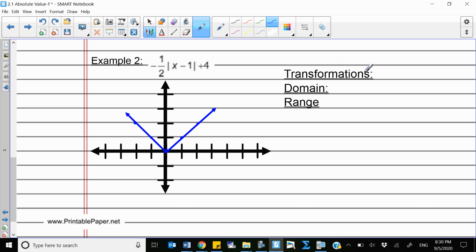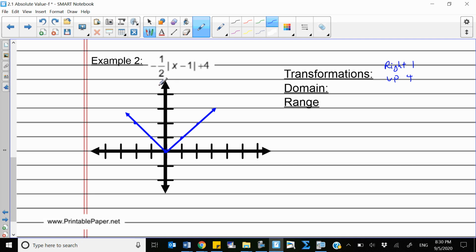First of all, we need to identify the transformations that are happening here. One of them is move right 1 because we have a negative 1 after x. Then I have plus 4 after the function, so that will be up 4.